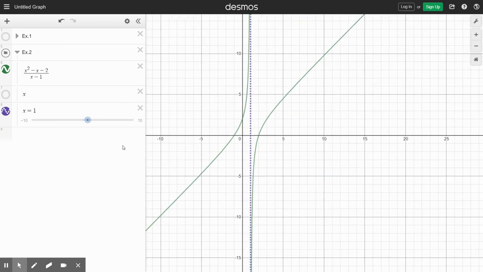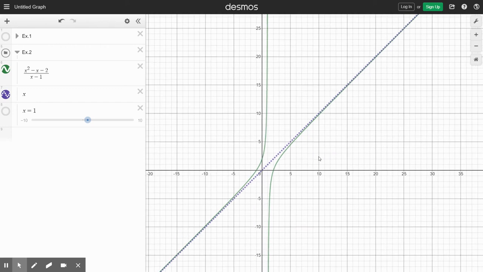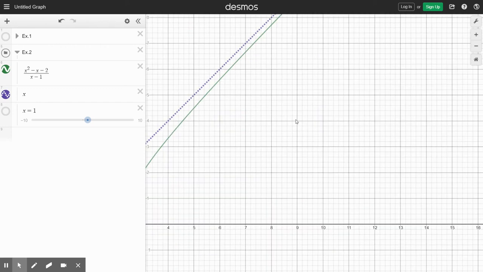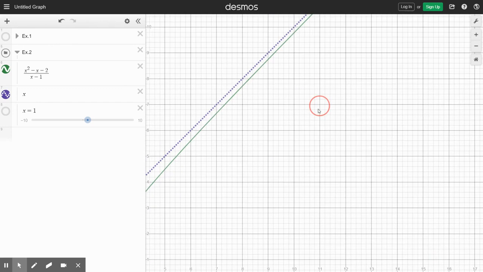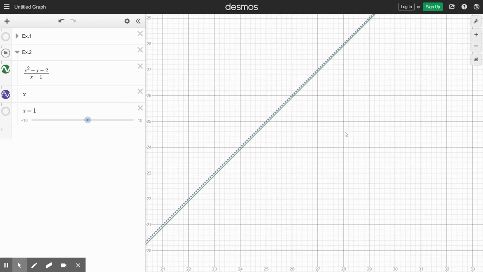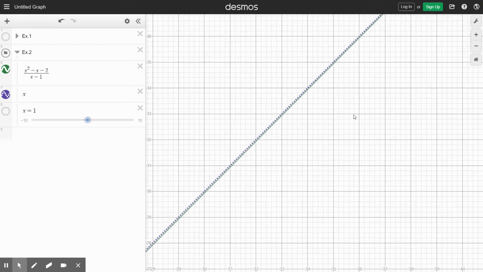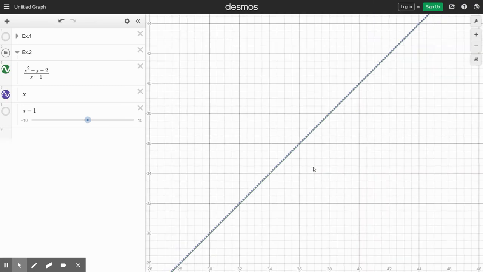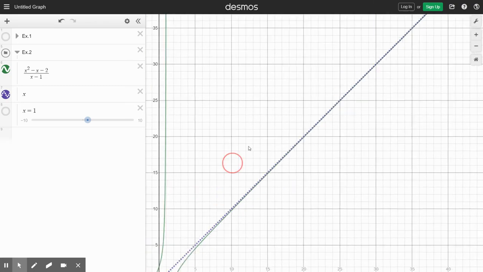Now let's graph the function y equals x. Well, notice that that seems to be an asymptote as well, because if I look at the behavior and move my graph to the right-hand side, notice that it's just getting closer and closer to this line, y equals x. It's not going to cross it, it's just getting closer and closer. So it fits the definition of an asymptote.